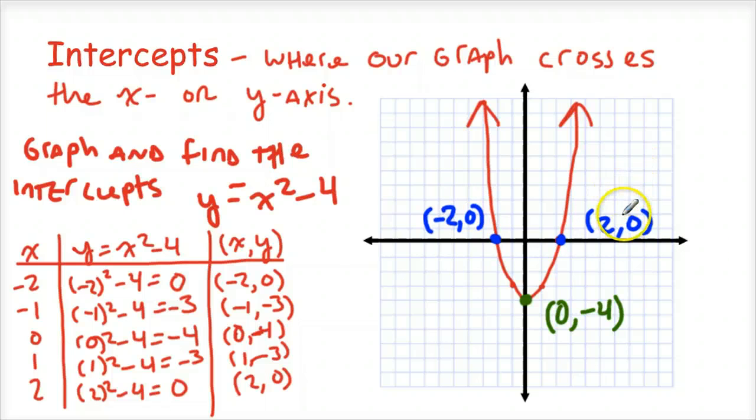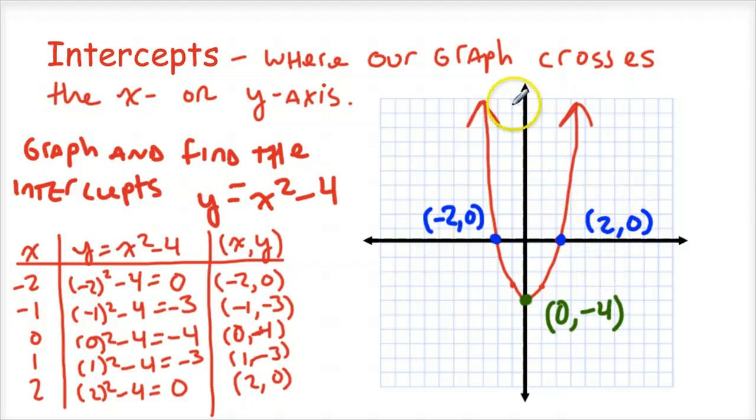You'll notice something special with these points: one of the coordinates is always 0. For the x-intercepts, the y-coordinate is always going to be 0. And for the y-intercept, the x-coordinate is going to be 0, right? That y value is the y-intercept, so -4 is another way you could identify that as the y-intercept.